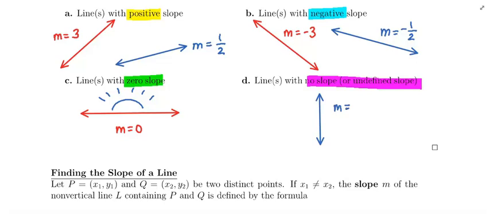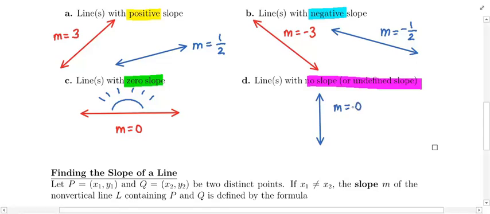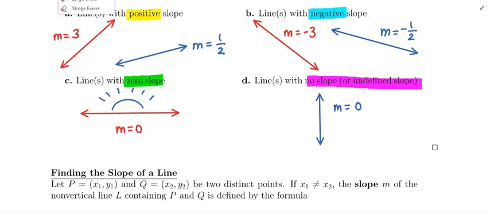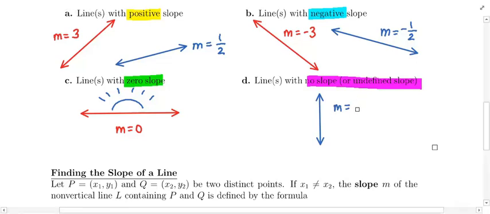If you put m equals 0 here, that is incorrect because that would mean you're dealing with a horizontal line. All you can say, if you're working with a line that has no slope or undefined slope, is that m is undefined. There's no specific m value you can associate with that type of line.